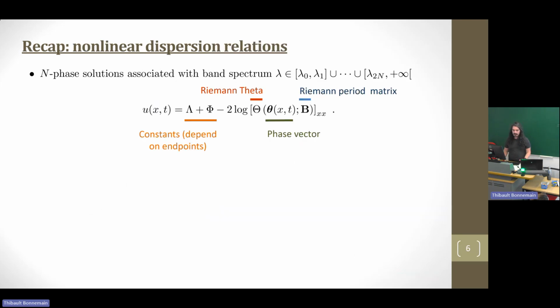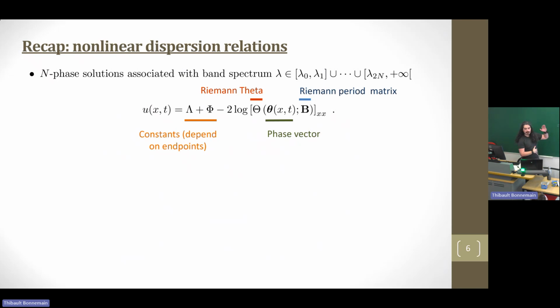But there's also another way to look at this problem, that I mentioned last time, and it's through the lens of finite gap theory, which associates the n-phase solution of the KdV equation to a particular band-gap spectrum of the associated Lax operator.